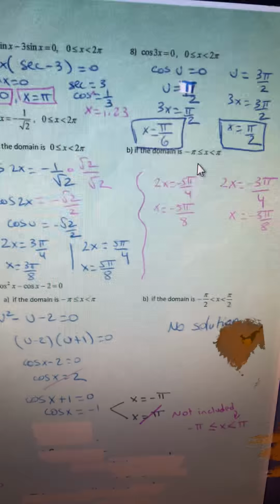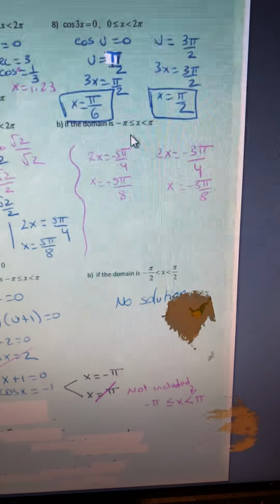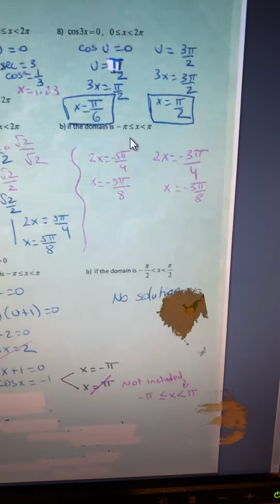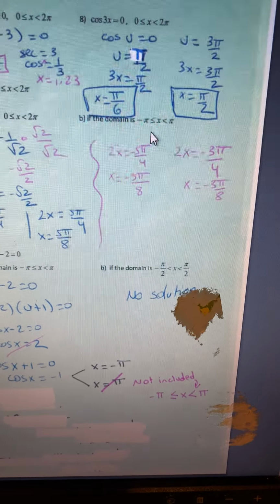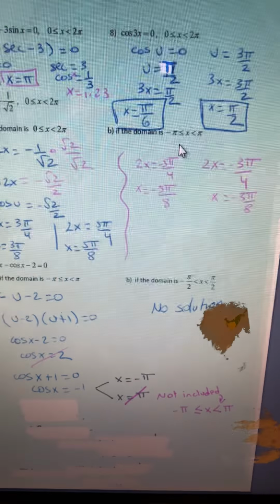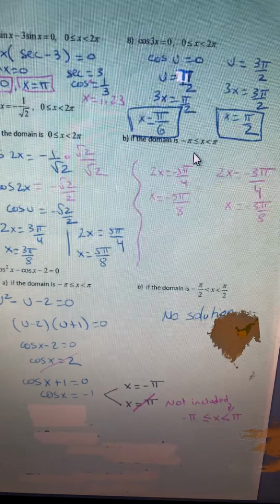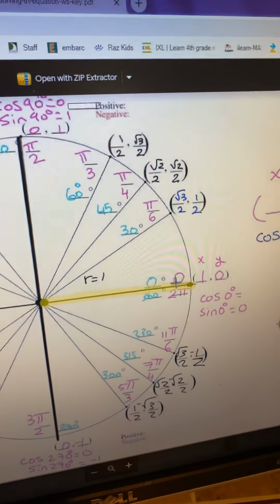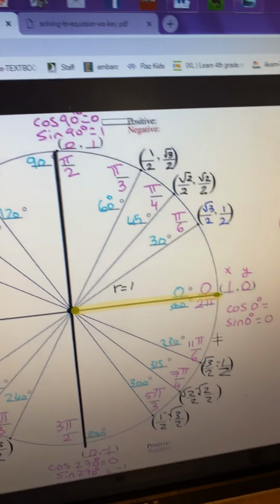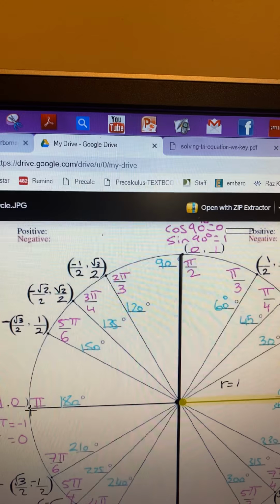Now, part b becomes a little bit tricky when it says from negative pi to pi, which simply means count. As you see, what's negative pi? If you go backward, if you remember when we did the negative radian, when you say negative pi, you're going this way, and here's negative pi.